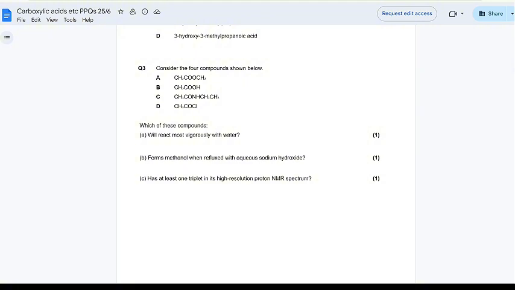C has at least one triplet in its high resolution proton NMR spectrum. Well, I can immediately see that C has a triplet. No? Like, I can see a CH3 and a CH2 group next to each other. That just means triplet immediately.